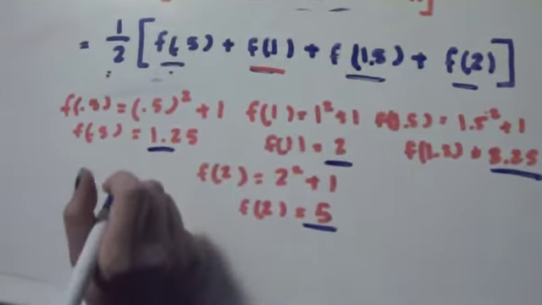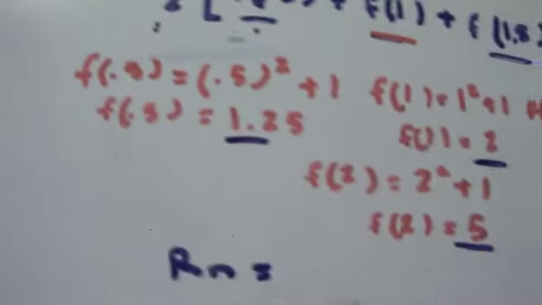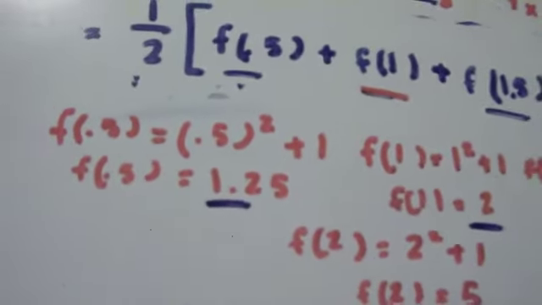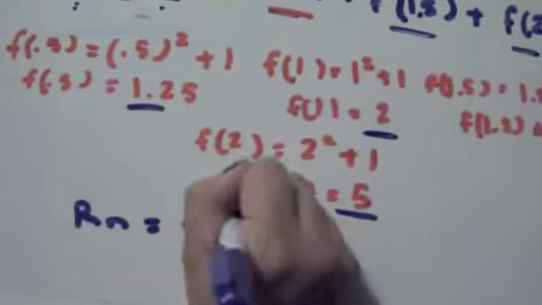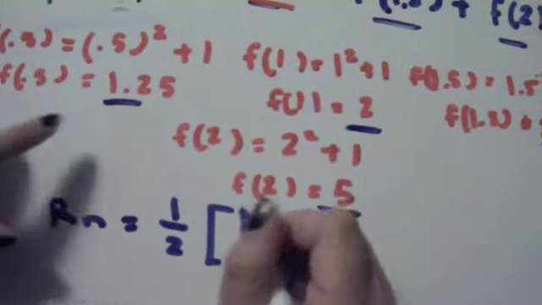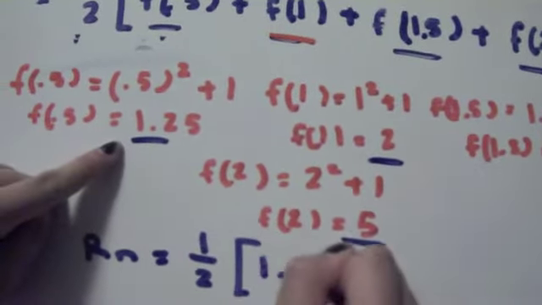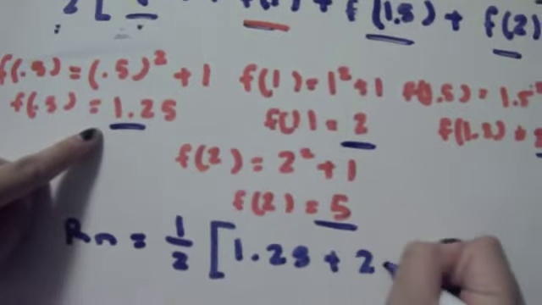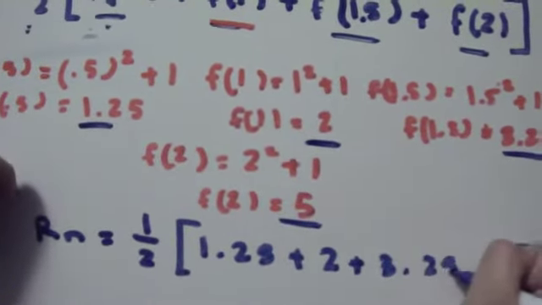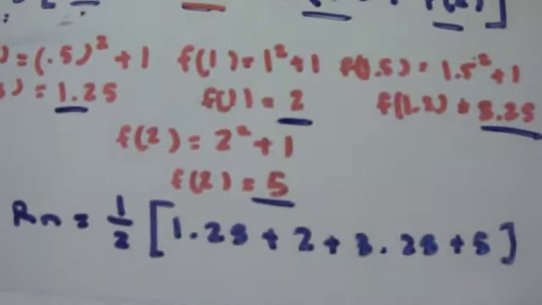And now that we have height and base, we could find the area. So the area is R of n. Sorry, I forgot notations. R of n equals 1/2 times, where's our first value, 1.25 plus 2 plus 3.25 plus 5.